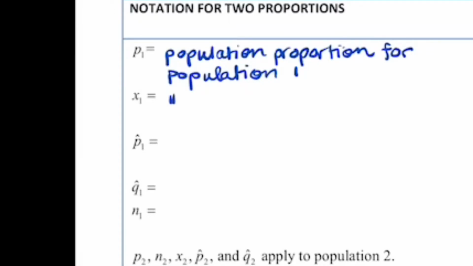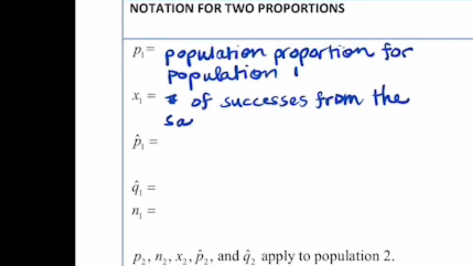X1 is the number of successes from the sample drawn from population 1.